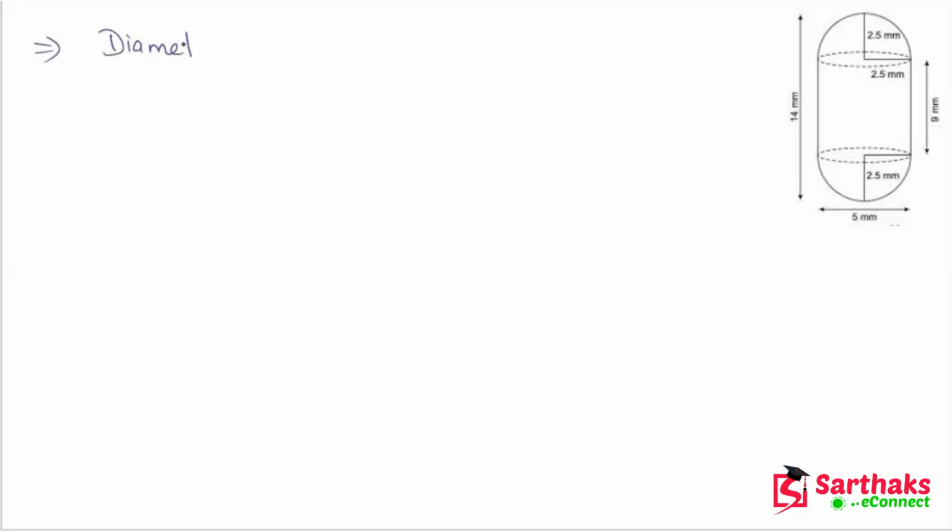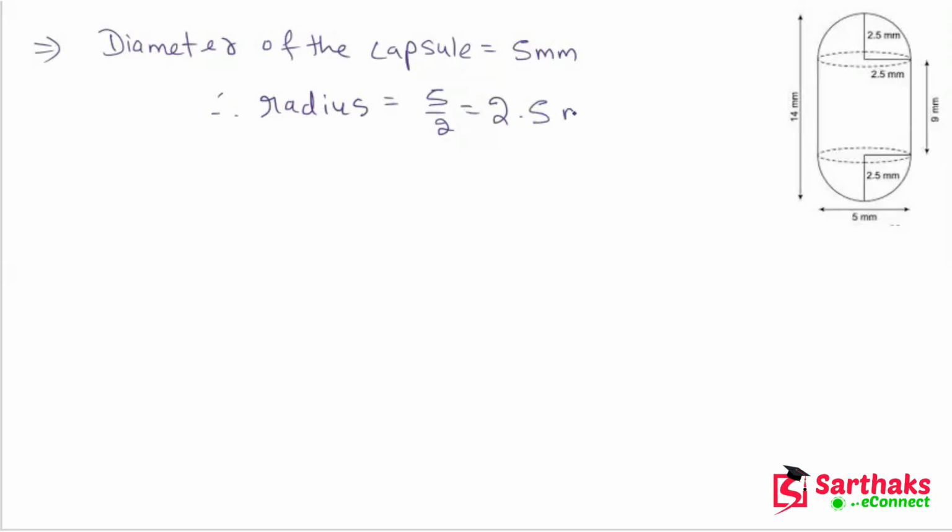Now the given part is the diameter of the capsule, which is equal to 5 mm. So the radius is 5 upon 2, which means 2.5 mm. Okay, my dear friends.